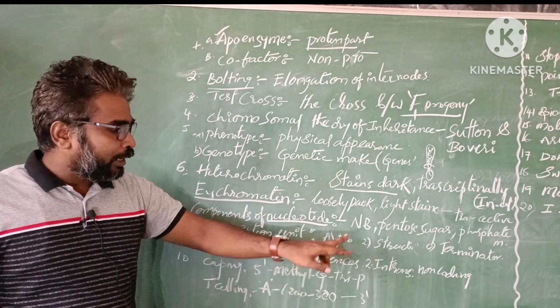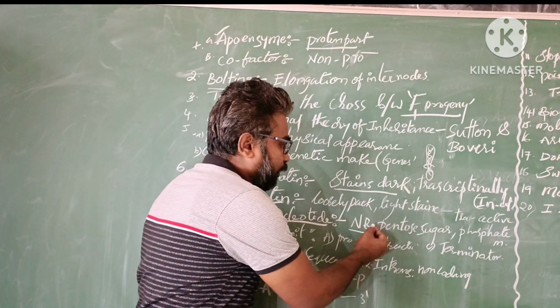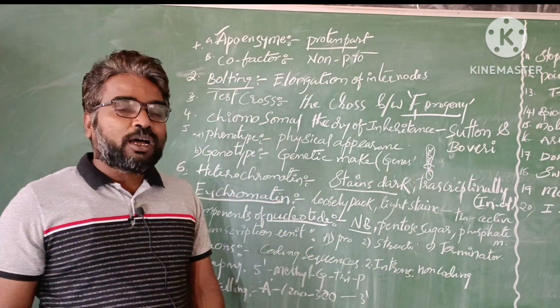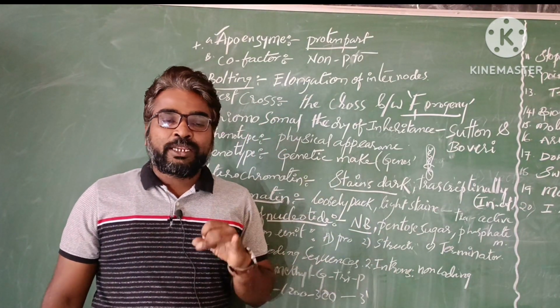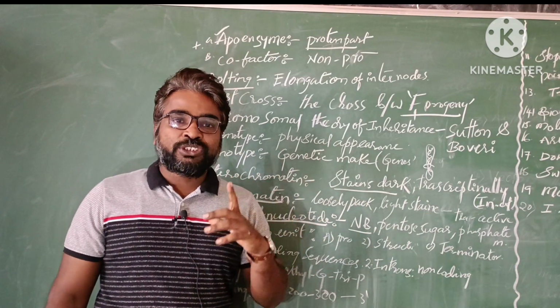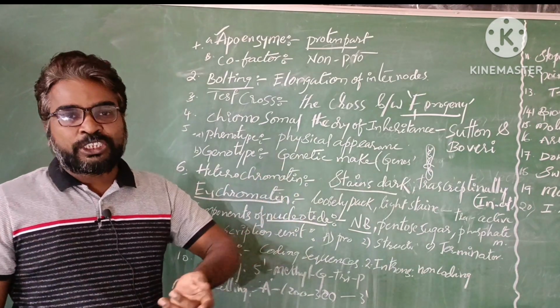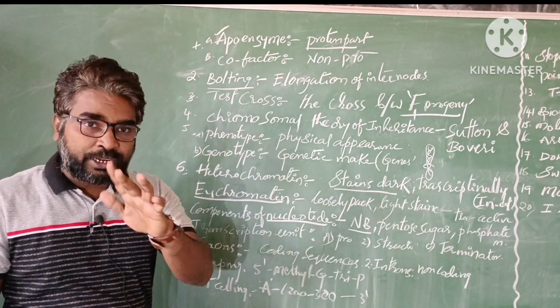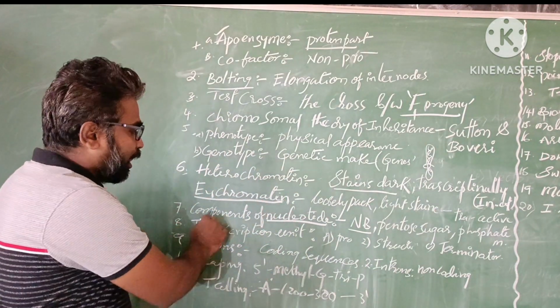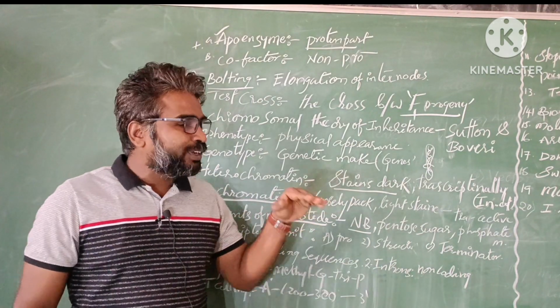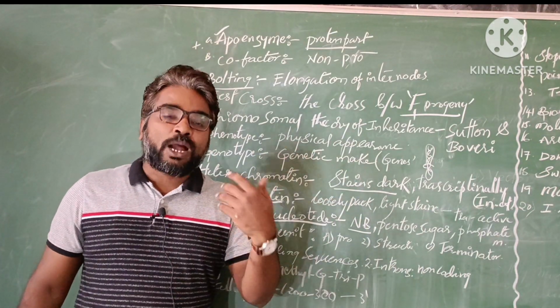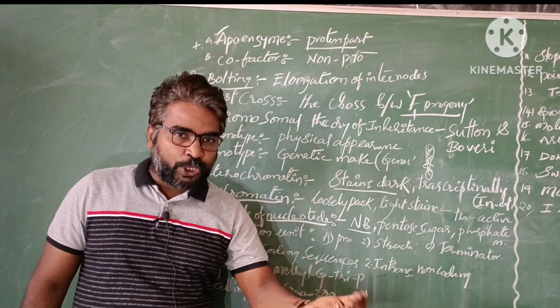Number one, nitrogen base. Nitrogen bases are guanine, adenine, cytosine, thymine, and uracil, which is present in RNA also. Here we may ask what are the nucleotide components? Which components are present in nucleotide?